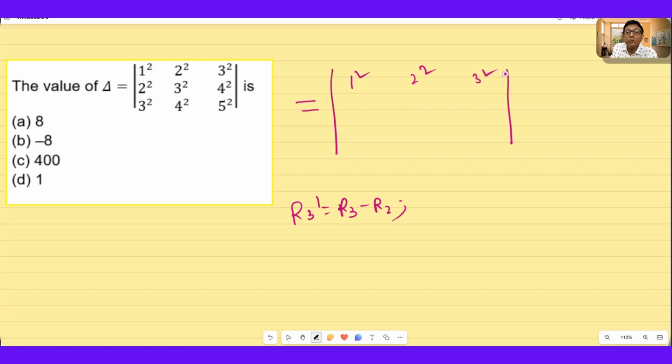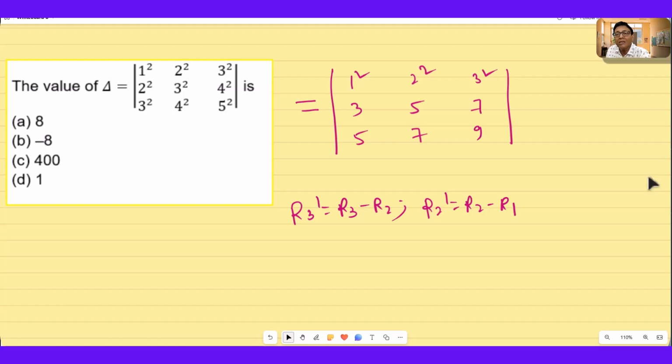Here it will be 2 square minus 1 square, 3, 5, 7, and here 9 minus 4, 5, 7, 9. Okay. Now what to do? I have used R3 dash, R3 minus R2, then I have used R2 dash equal to R2 minus R1.